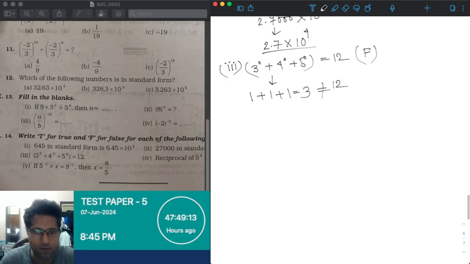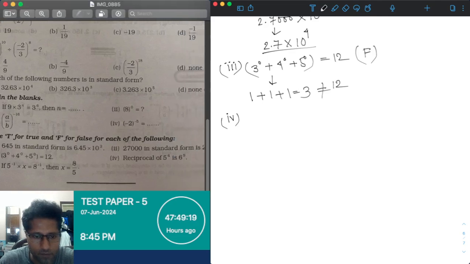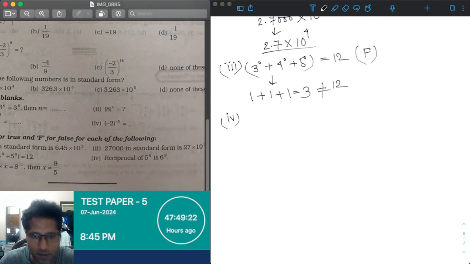Okay, what is 4? 4 is saying that the reciprocal of 5 raised to the power 6 is equal to 6 to the power 5.